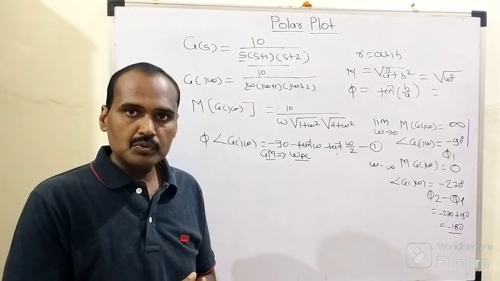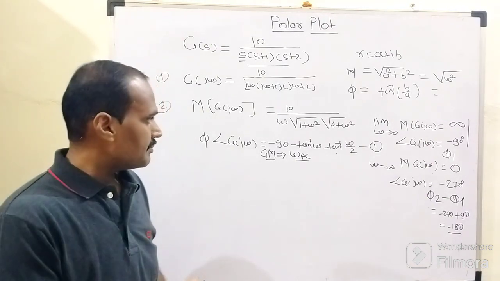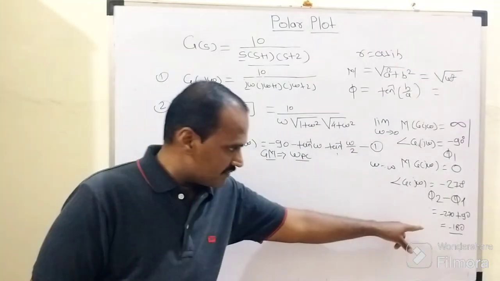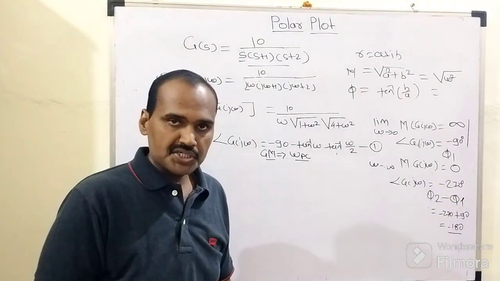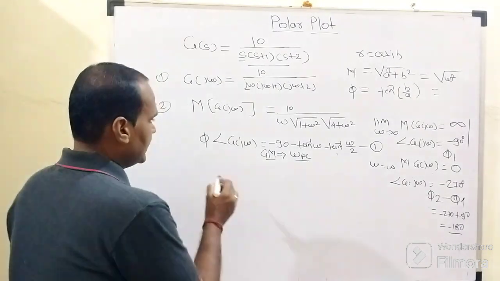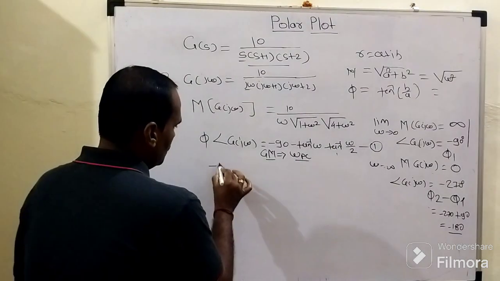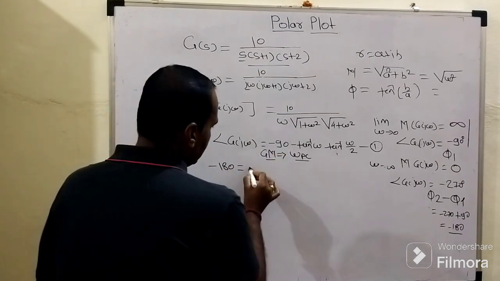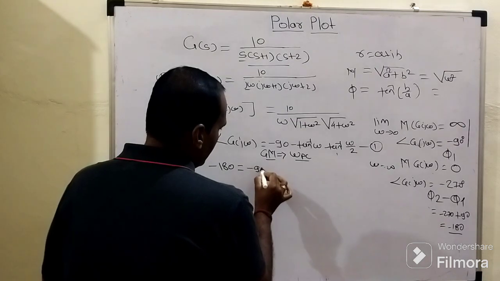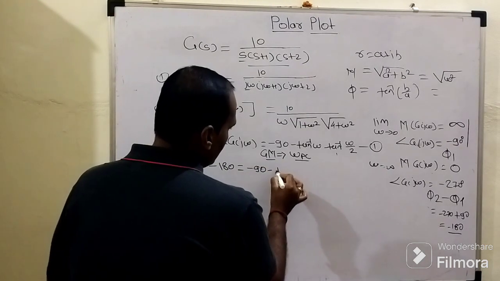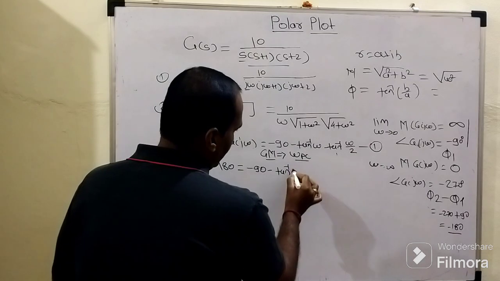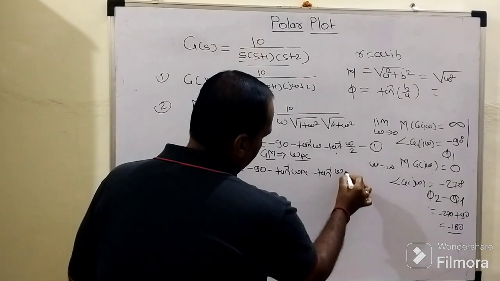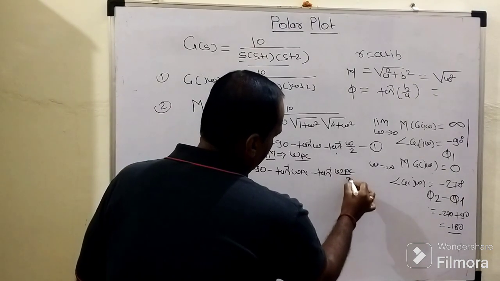So what we need to do in the next step, as far as equation number 1 is concerned: as we know, the total phase rotation taken by that curve is minus 180 degrees, so phase angle equals minus 180. Then the terms on the right hand side, minus 90 minus tan inverse of omega with omega replaced by omega PC, become tan inverse of omega PC by 2.